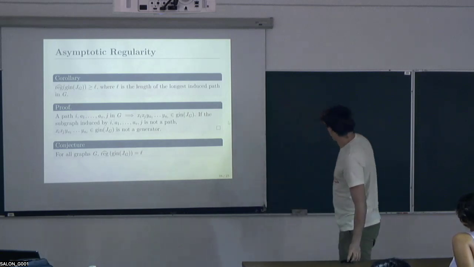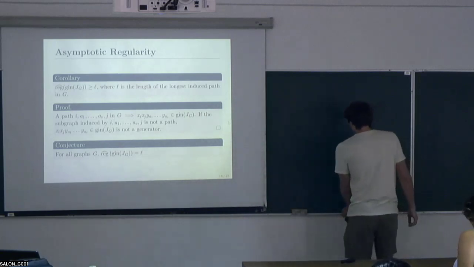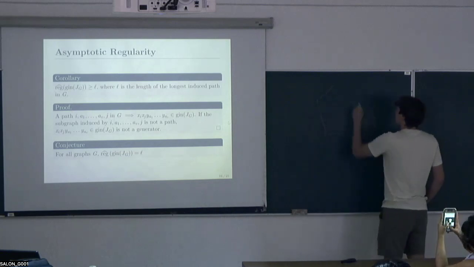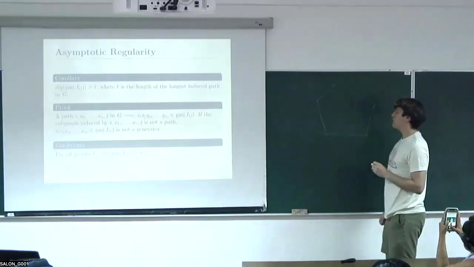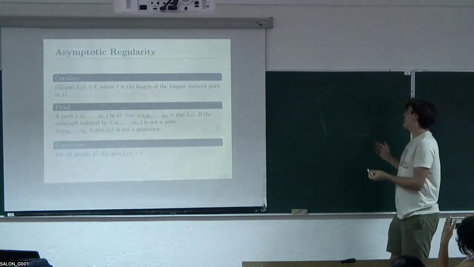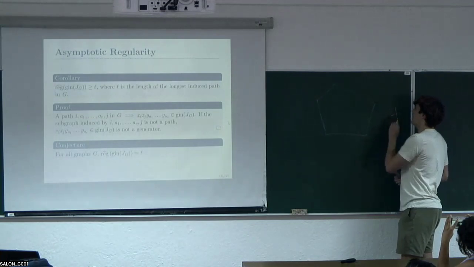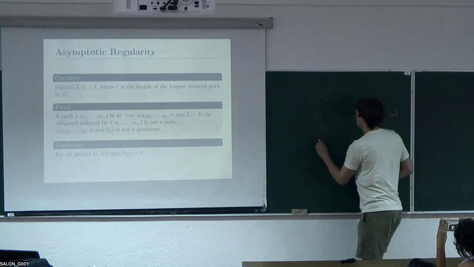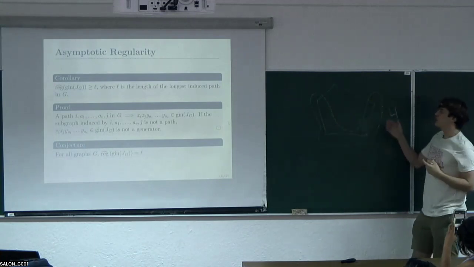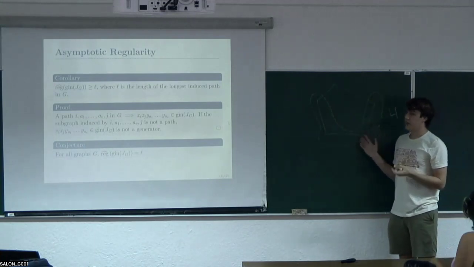When I am talking about induced paths, I have to be careful because, for example, for the cycle graph on 5 vertices, the longest induced path is not 5, it's actually 4. You can look at these 4 vertices, and when you look at the induced graph, it's a path graph.